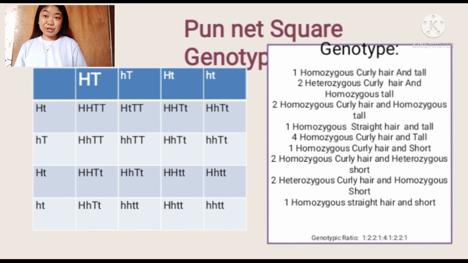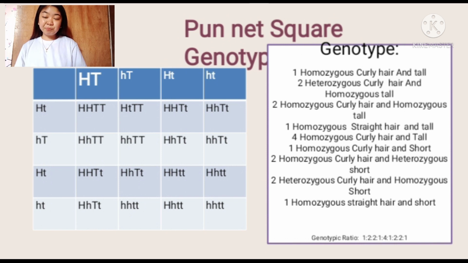After we cross, in genotype we have 1 homozygous curly hair and homozygous tall, 2 homozygous curly hair and heterozygous tall, 2 heterozygous curly hair and homozygous tall, 1 homozygous straight hair and homozygous tall, 4 heterozygous curly hair and heterozygous tall, 1 homozygous curly hair and homozygous short, 2 heterozygous curly hair and homozygous short, and 1 homozygous straight hair and homozygous short.